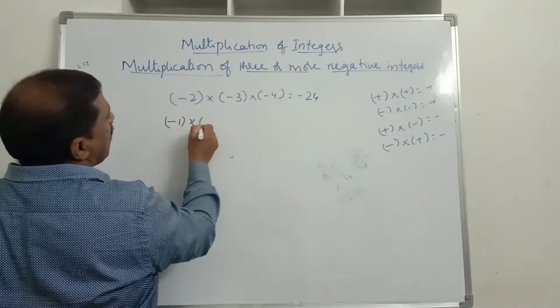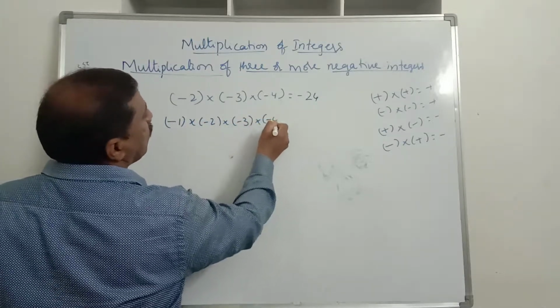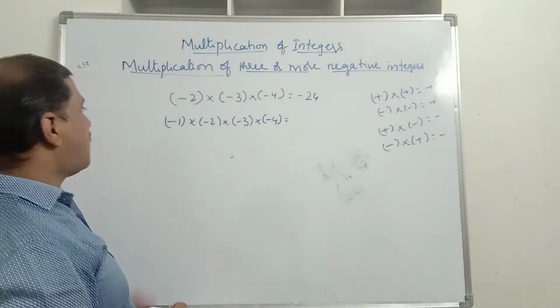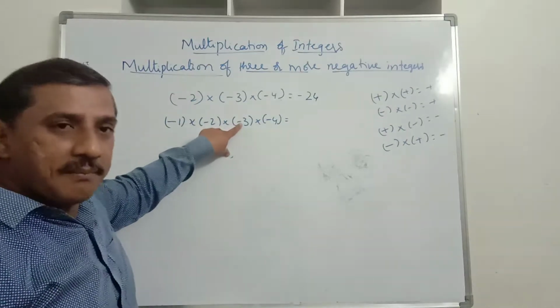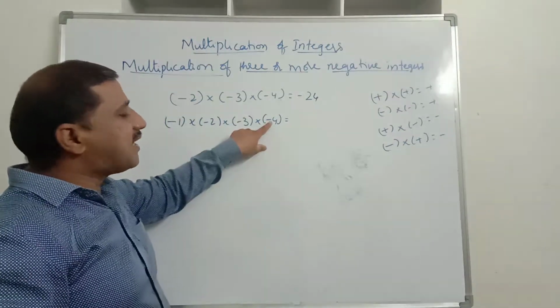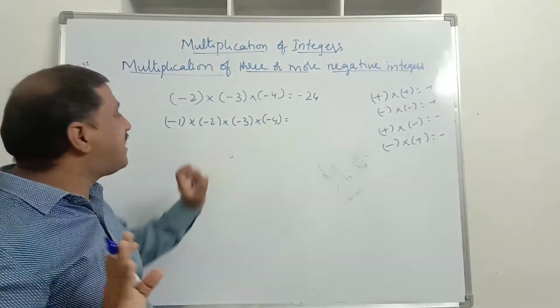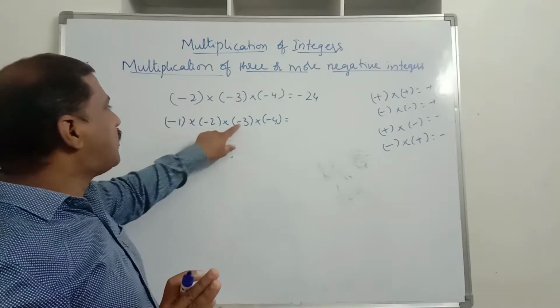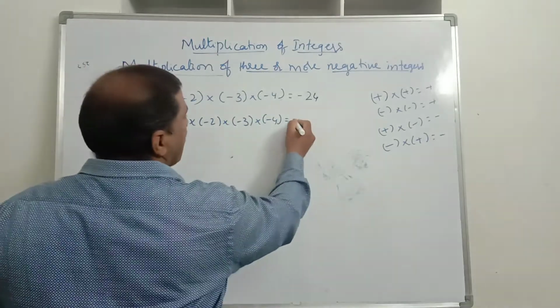Now we will discuss one more sum. Minus 1 into minus 2 into minus 3 into minus 4. Four negative integers. Minus into minus, plus, plus into minus, minus, minus into minus, plus. So the first step is to multiply the arithmetic signs, and finally we get a plus.